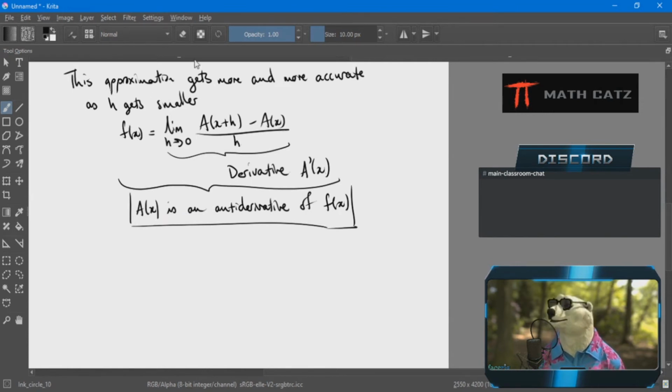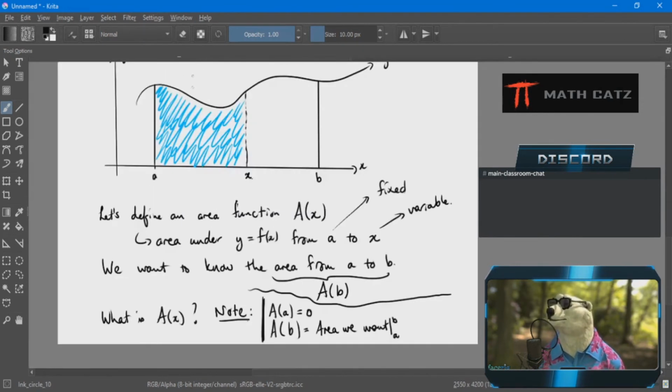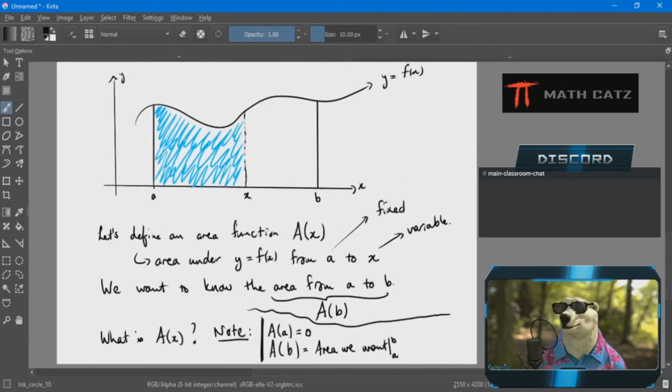So when I go back to this page over here, and remember what we were ultimately asking, we wanted to know how the area from A to B, or any area under the graph, is related to the function that the graph comes from.